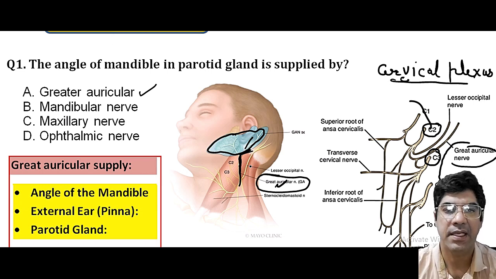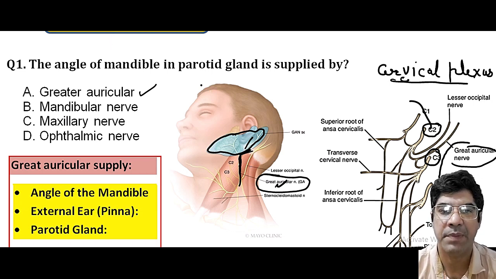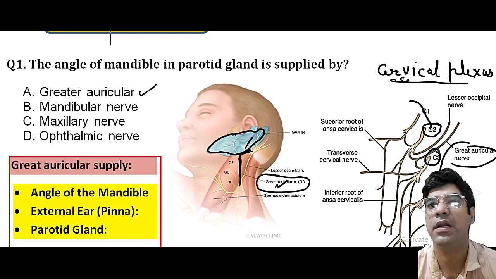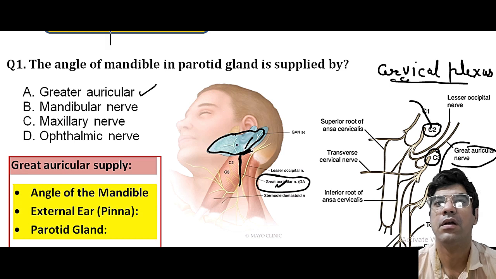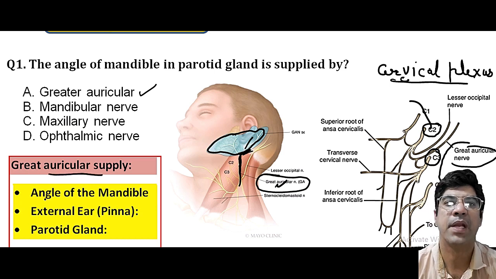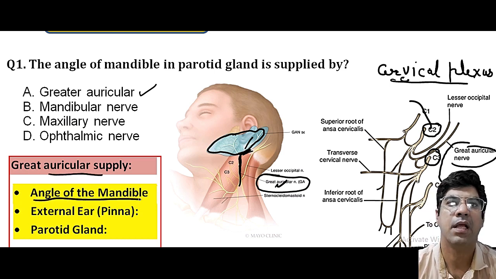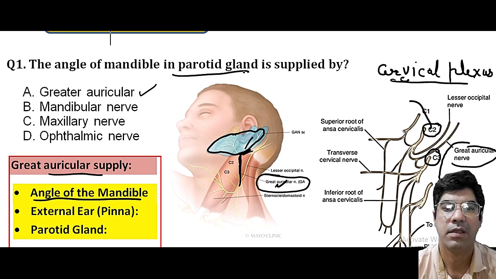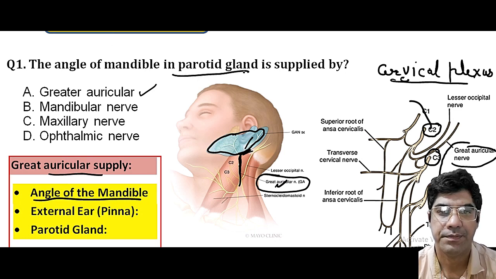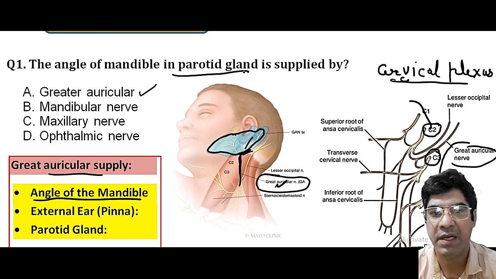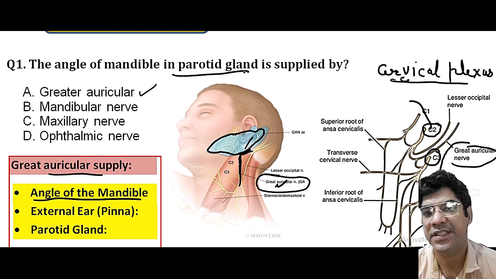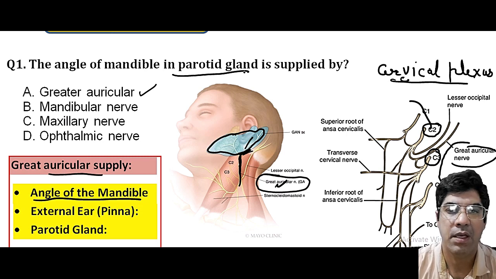After its origin, the great auricular nerve will run obliquely and outward across the sternocleidomastoid muscle, a large neck muscle. So it runs superficially along the muscle. As it ascends, the greater auricular nerve approaches and passes over the angle of mandible. So it gives off branches in this region that provide sensory innervation to skin over the angle of mandible.